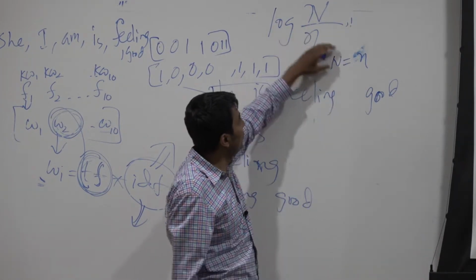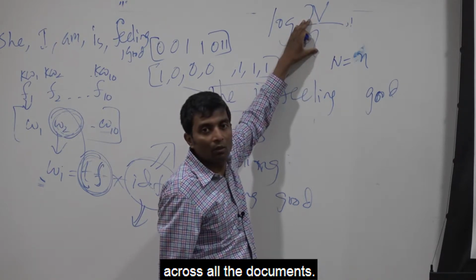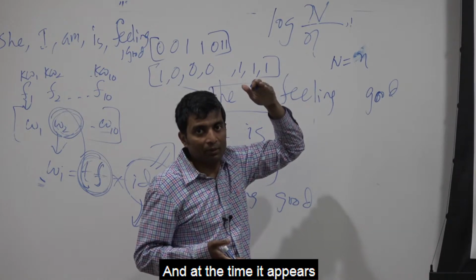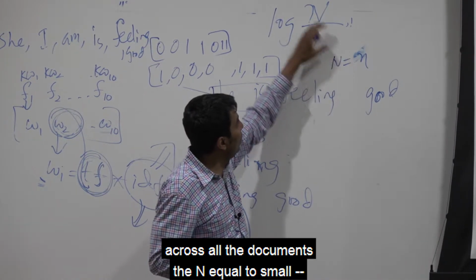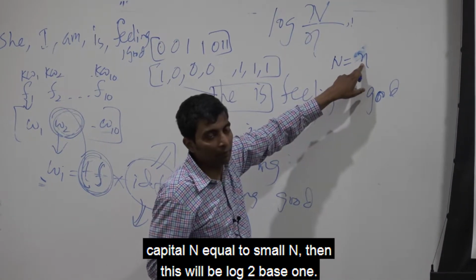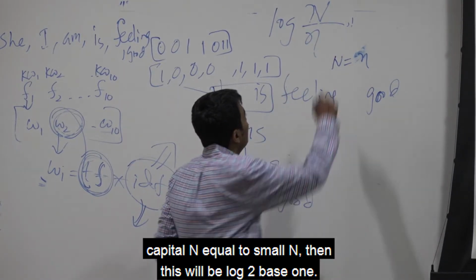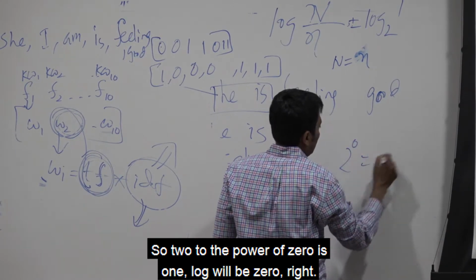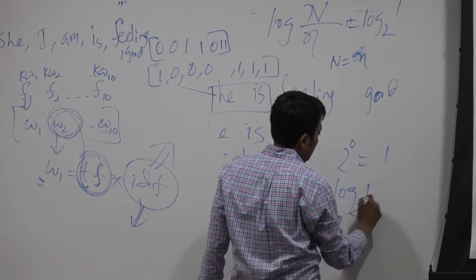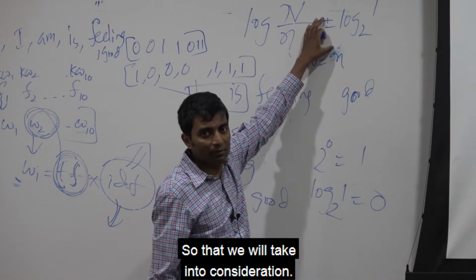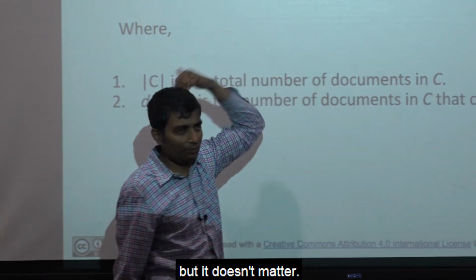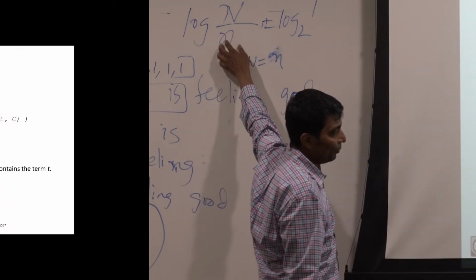That means the term T appears across all the documents, capital N being all the documents I have. Then this will be log base 2 of 1, so 2 to the power 0 equals 1, and log of 1 will be 0, right? So that way we take it into consideration. Anyway, here we use a slightly different formula, but it doesn't matter. In most of the literature, you will find this formula used.